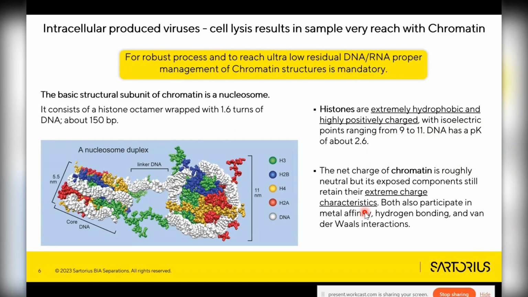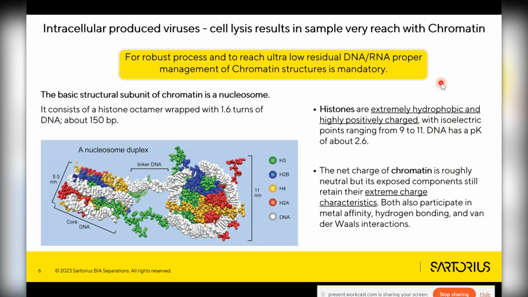If you need to do the lysis, then things are much more complicated. On one side, you need to put much more effort into process development. On the other side, recoveries would be lower because you need to deal with chromatin structures. Chromatin is a very big nucleosome.